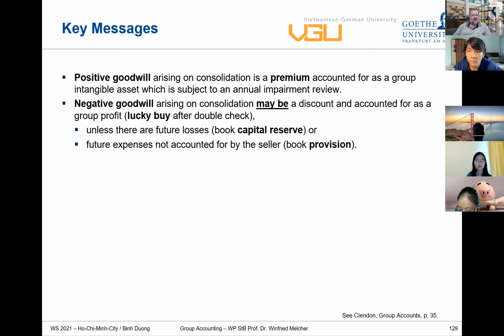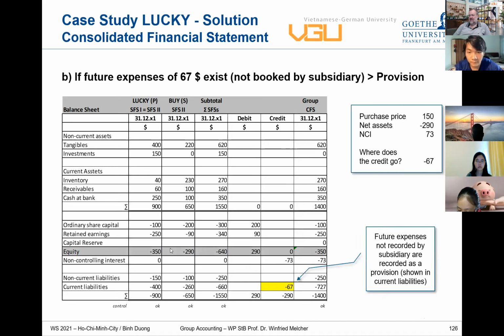There is a question in chat. In the second case, I can credit the provision. What do you mean by second case? Which slide are you referring to? Can you just put in the number of the slide? Tran Minh Duc, that was your question. Slide 125, okay.